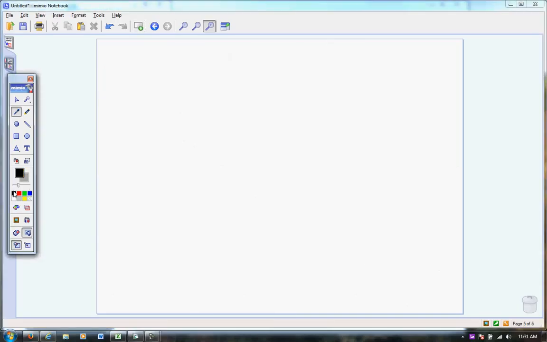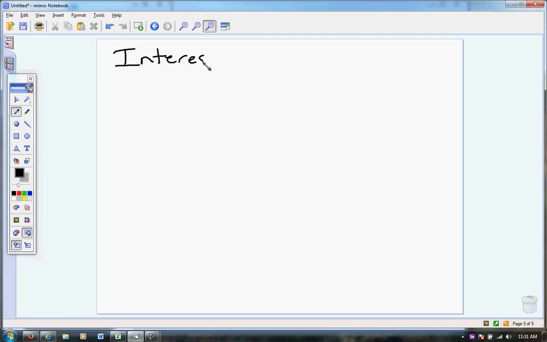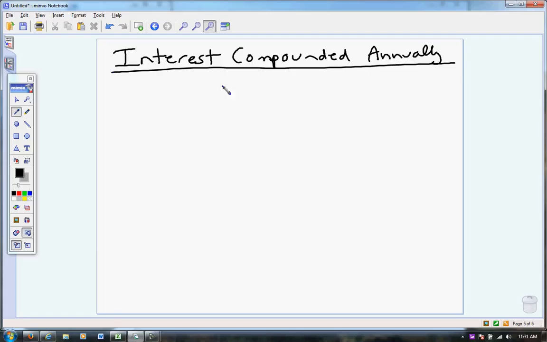Now, a couple formulas here. First, interest compounded annually. And we actually talked about these last year. Y equals the principal times a to the x. That's for interest compounded annually.